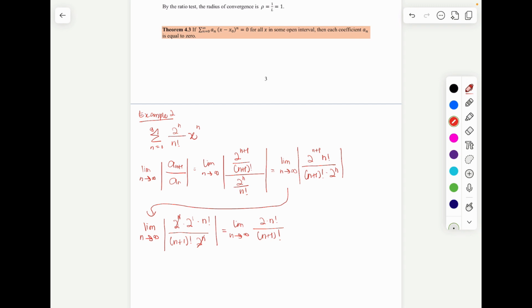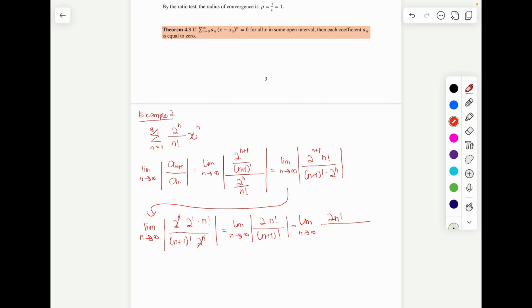At this point you want to solve for the limit, but we don't want the factorial to be there. So we expand. We try to cancel out the n factorial at the numerator, so I want to expand the n plus 1 factorial at the denominator.